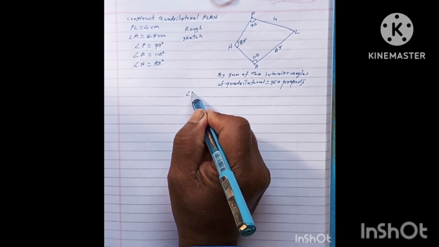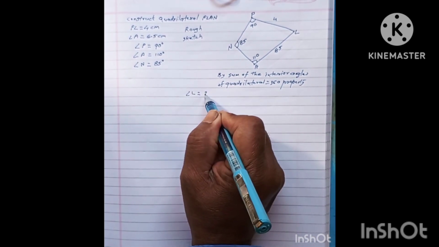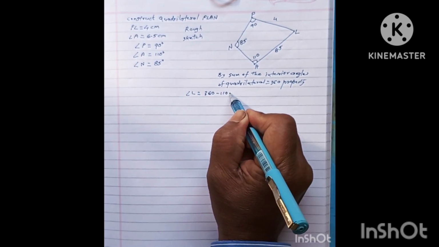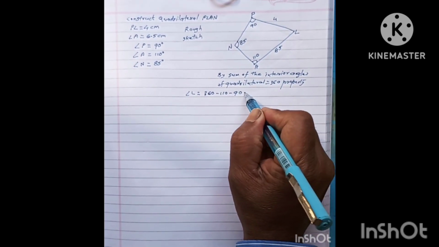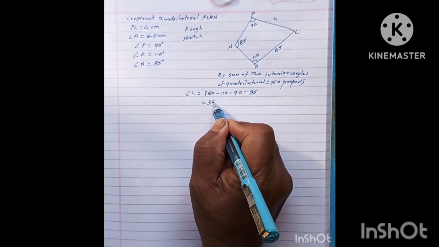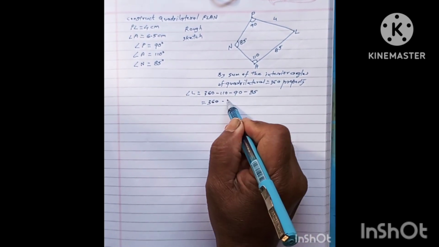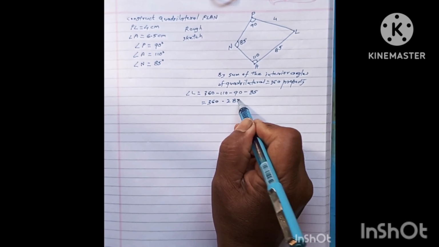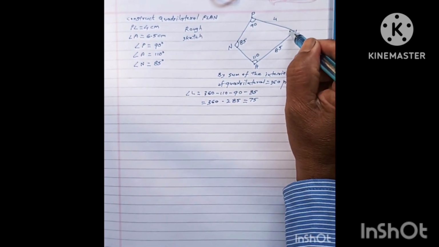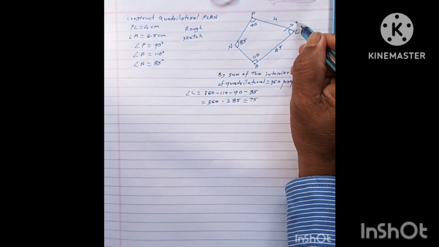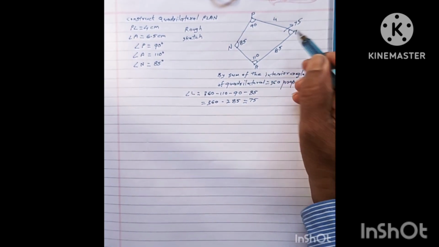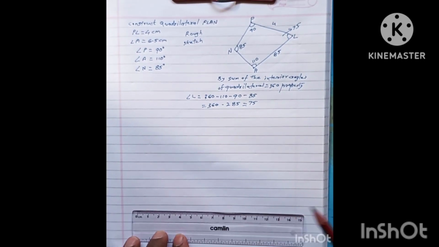So with this property, angle L is equal to 360 minus 110 minus 90 minus 85, that is equal to 360 minus 285, yes, that is equal to 75, okay. So this L is 75. I am writing it out of the quadrilateral because we have found it. It's not given in the data. With the help of the data given, we have found it, okay.